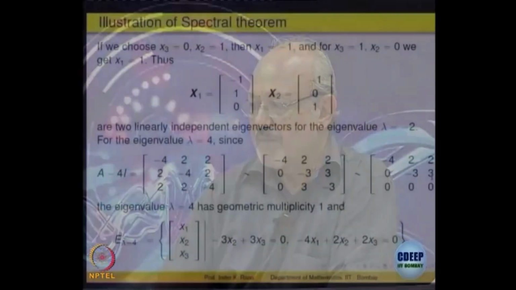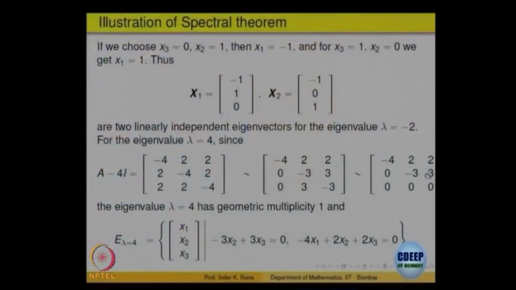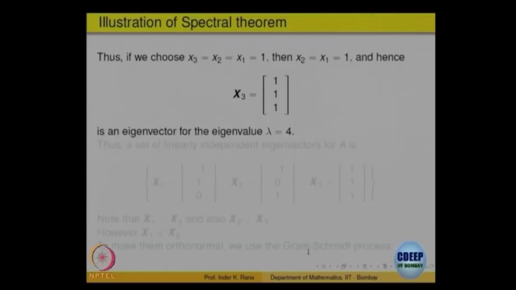So, x3 is given an arbitrary value, you find x2 from this equation, put those values back, and you get the first variable, only one solution. Non-pivotal gets arbitrary values, others are obtained in terms of the non-pivotal. So, once you write that, you put x2 equal to 1, x3 equal to 1, and you get 1, 1, 1. So, this is the eigenvector for lambda equal to 4.